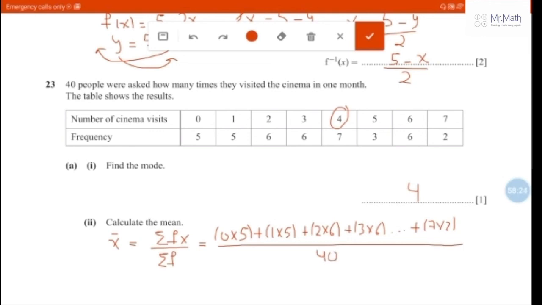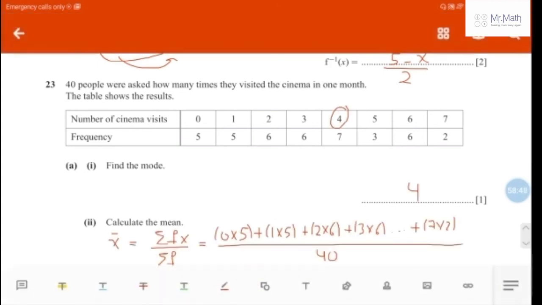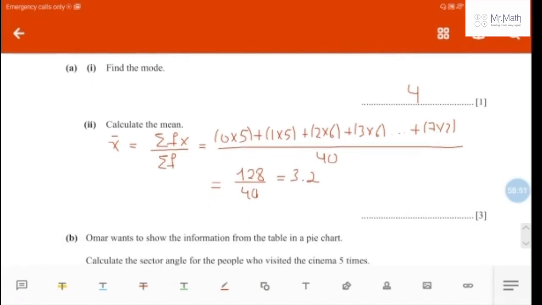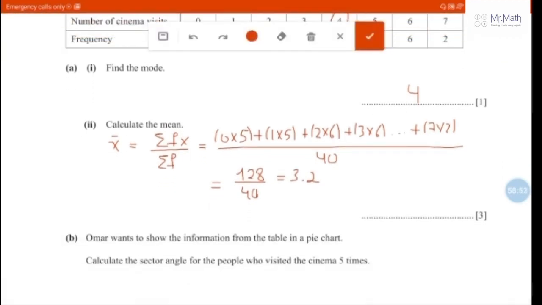So I add 5, 5, 6, 6, 7, 3, 6, 2. All the frequencies together give 40. So the answer is 128 divided by 40, which is 3.2. So the mean in this question is 3.2.